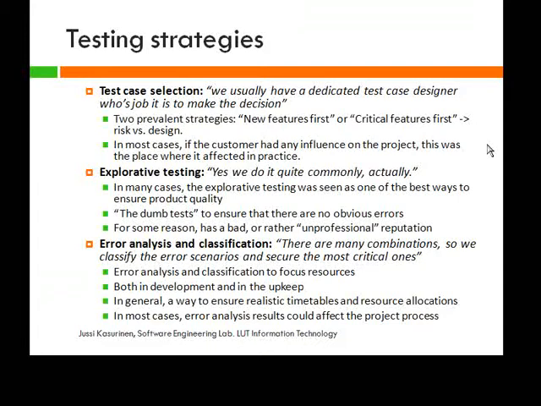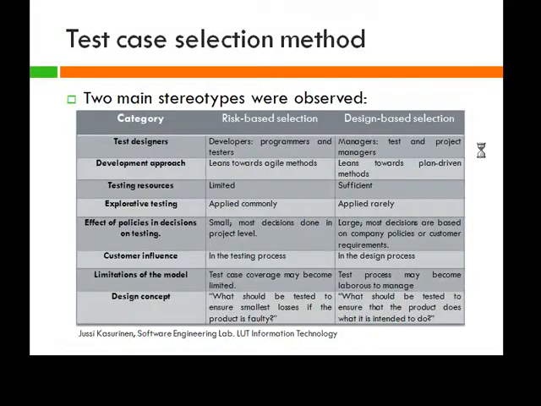It's basically how much it will cost us if this program breaks, and what we have to test before we can be certain that the customer gets what it's paying for. And it's a rather clear-cut decision. It affects several things, such as who designs the tests and how the software is developed.